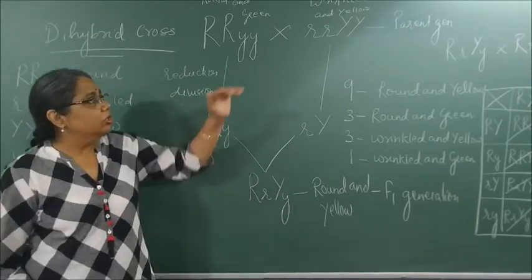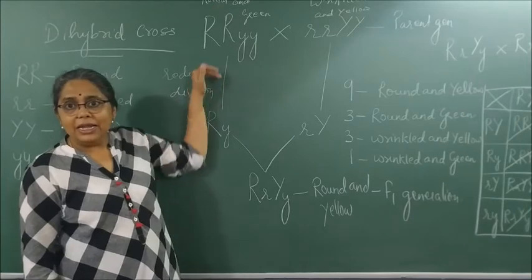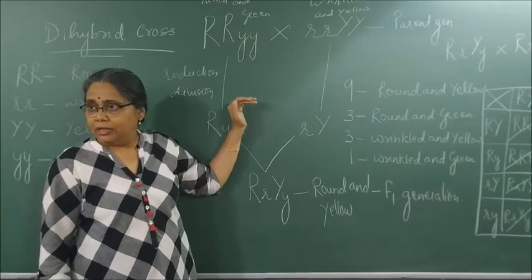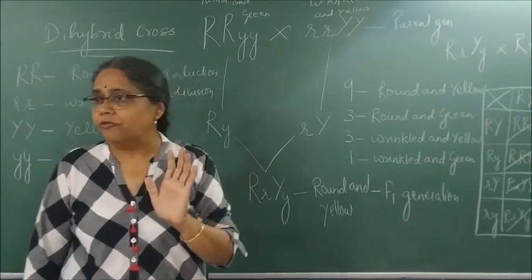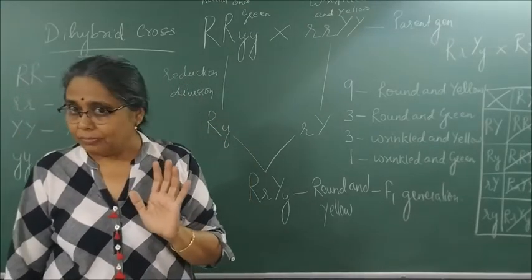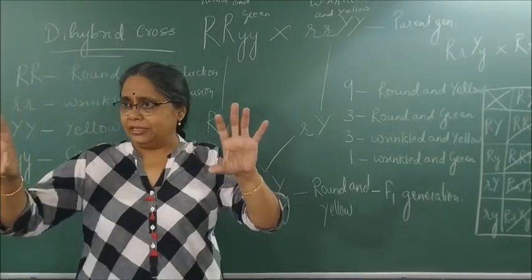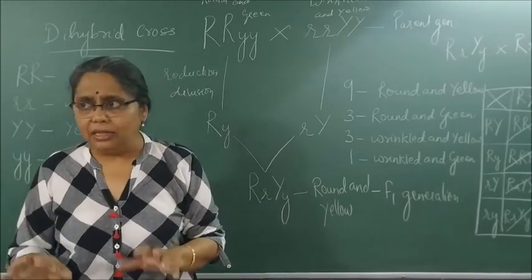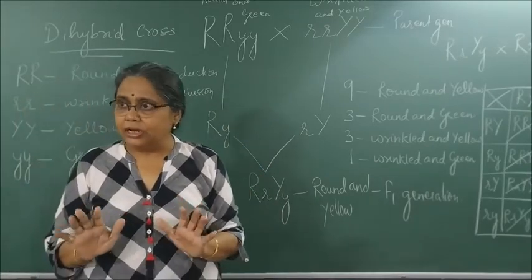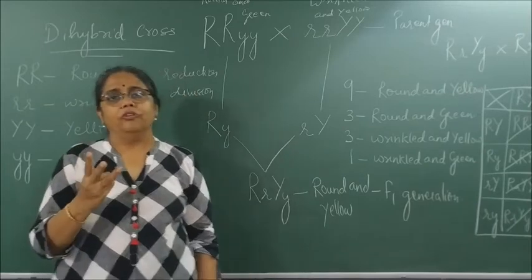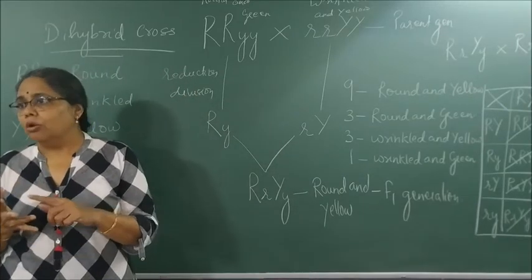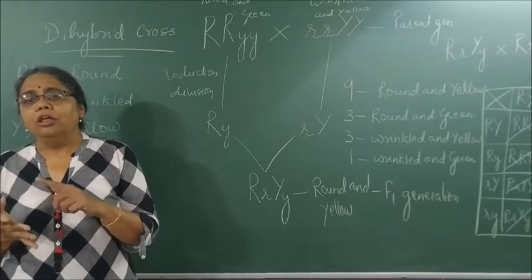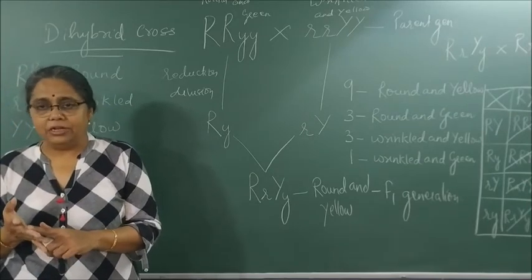Understood? So this is called what? They are independently assorted. The color of my eyeball will not determine the size of my eye. They are two different characters, so they will independently assort themselves. Understood? So there are 3 laws of Mendel: law of dominance, law of segregation, law of independent assortment.